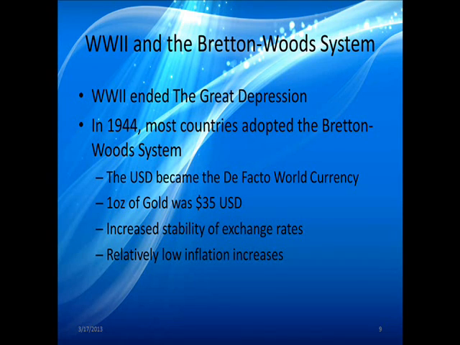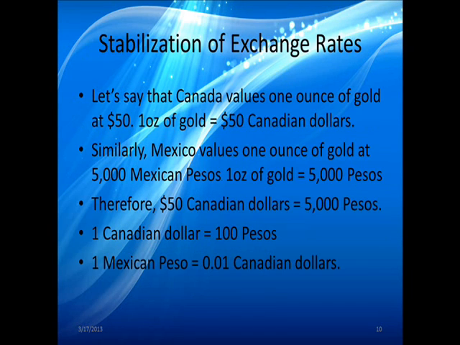And we're going to take a look at how it stabilized the exchange rate. So here's an interesting example. Let's say that Canada values 1 ounce of gold at $50. Therefore, we can write this mathematically as 1 ounce of gold is equal to 50 Canadian dollars. Now let's take Mexico. Mexico values 1 ounce of gold at 5,000 Mexican pesos.